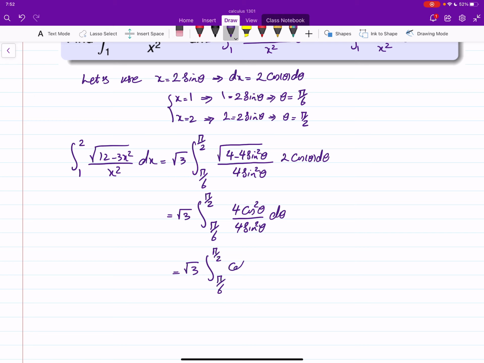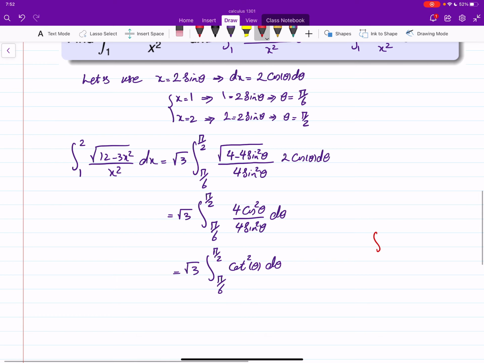This is cotan squared theta d theta. You can use the fact here, which is basically something from the table, that the integral of cotan squared theta plus 1 d theta is minus cotan theta.